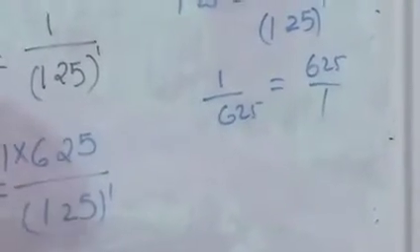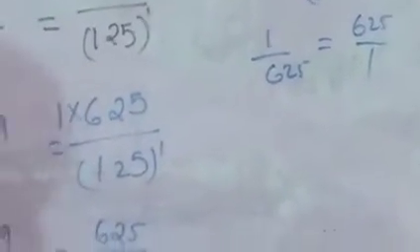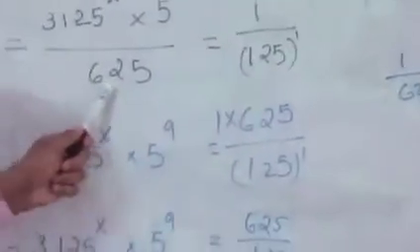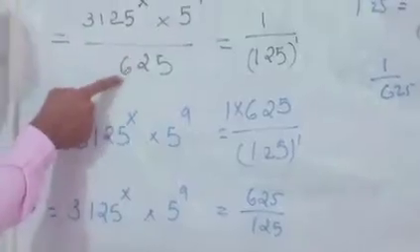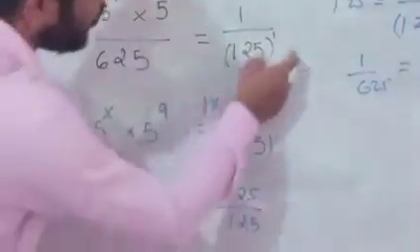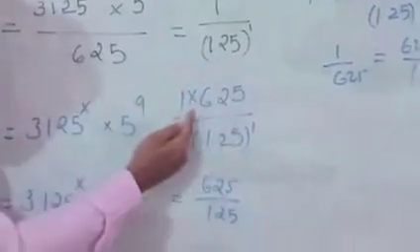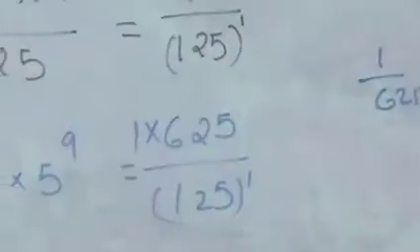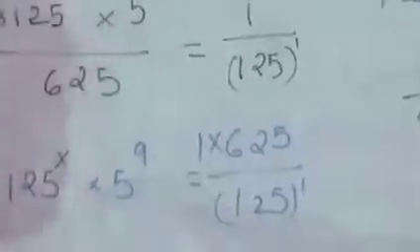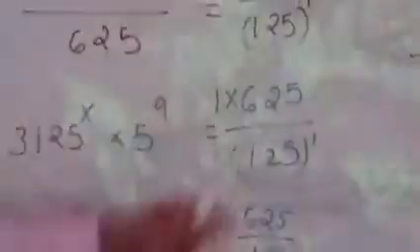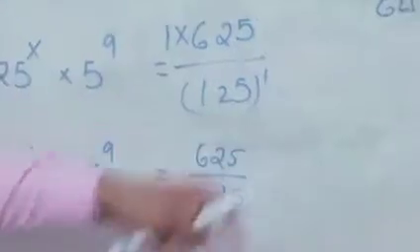Remember that. So the same way we are going to take this 625 to that side. Then 625 is going to the right hand side, it becomes 1 into 625, divided by 125, we are writing like that.